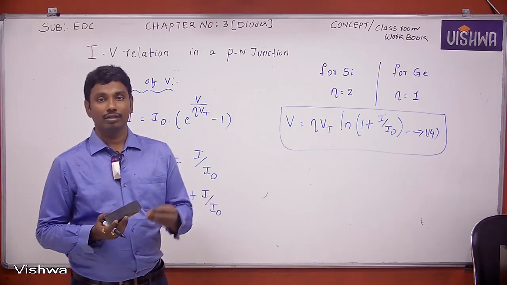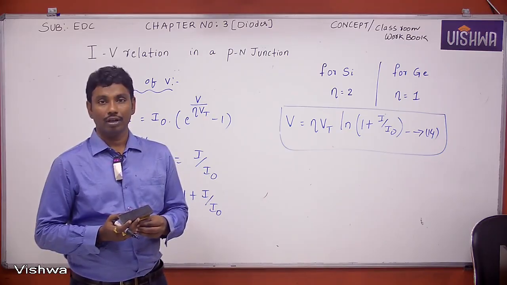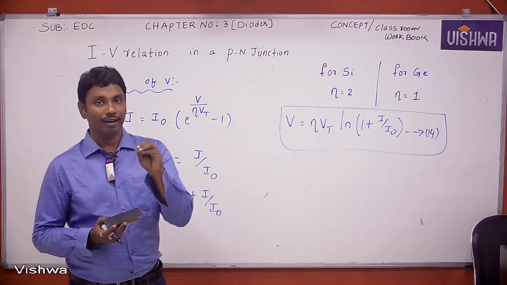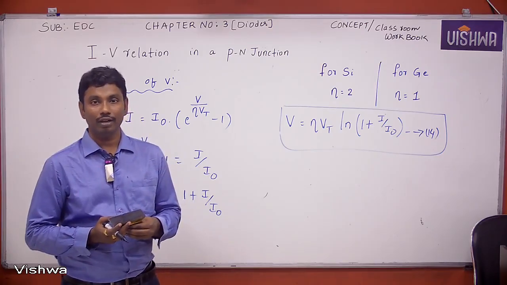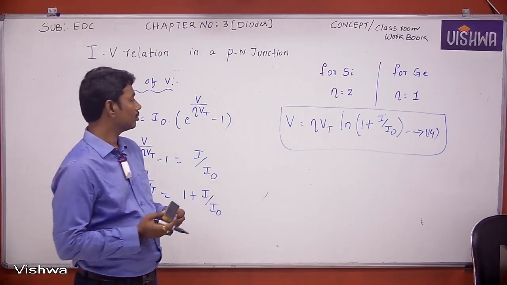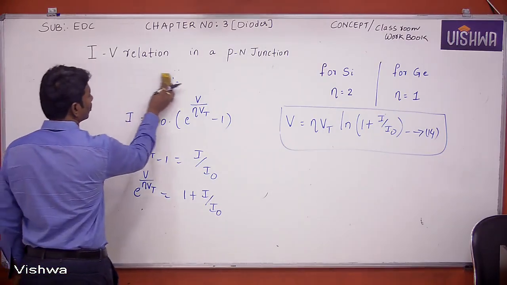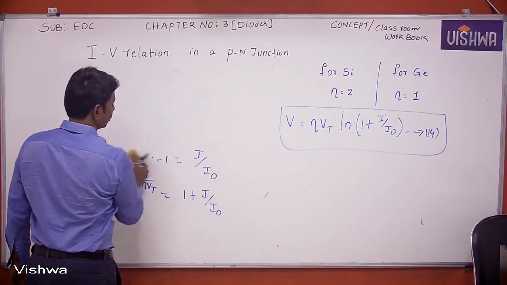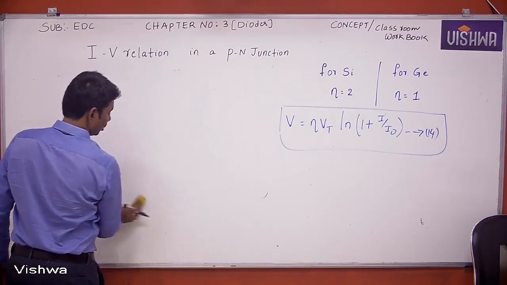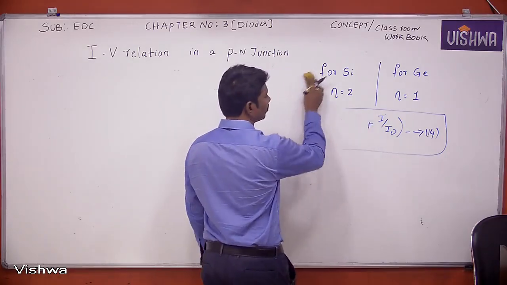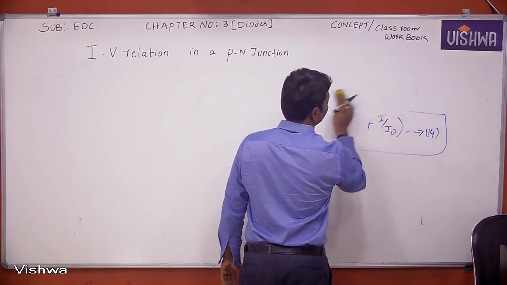For reverse bias, consider V and I are negative, right? This is all about the IV relationship in a diode or PN junction.